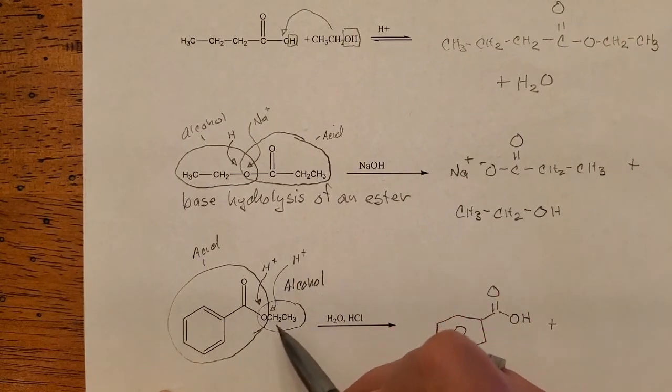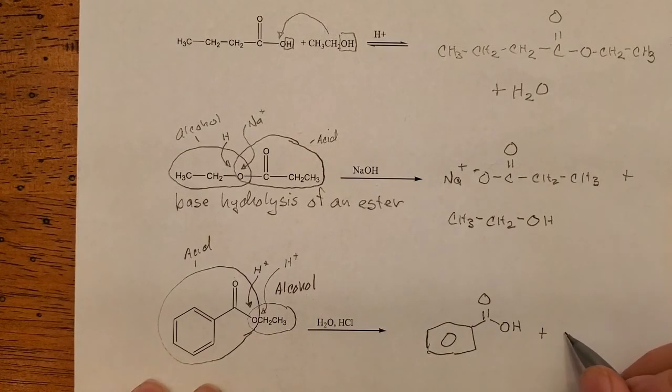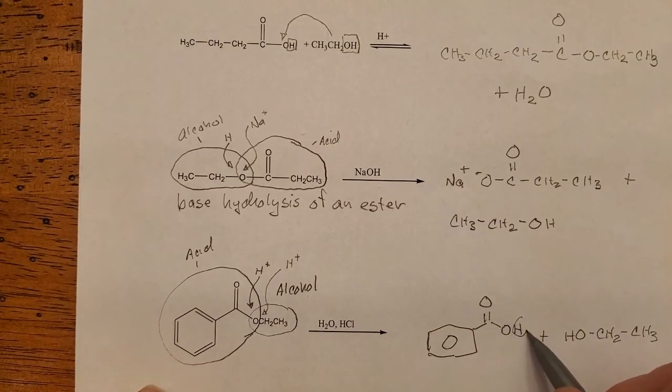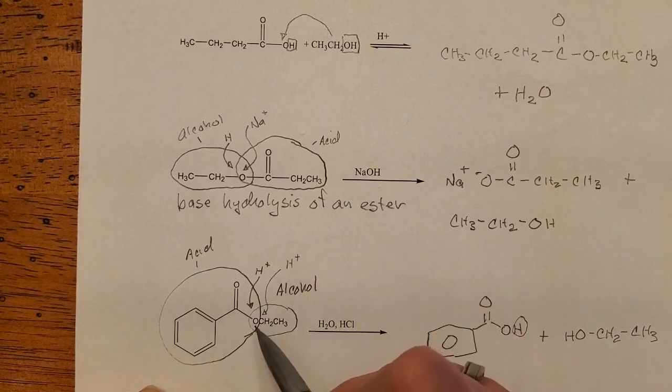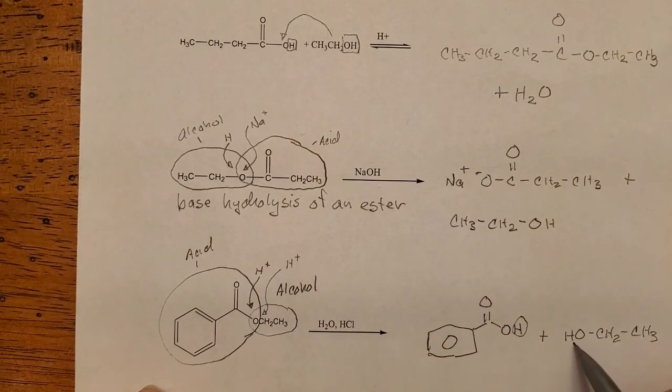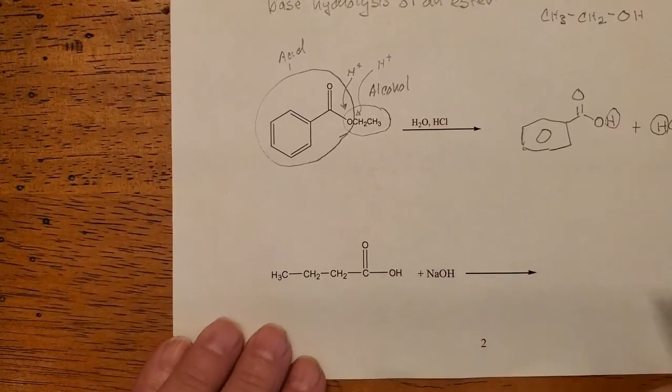And an H is attached to the alcohol, so that's going to be HOCH2CH3. So this is ethanol. So that H goes there, and this H goes there in the alcohol.